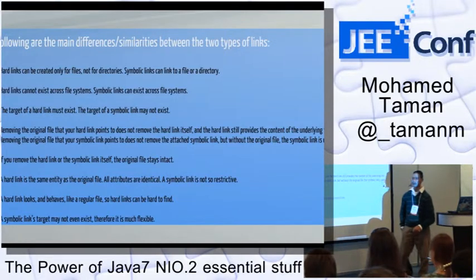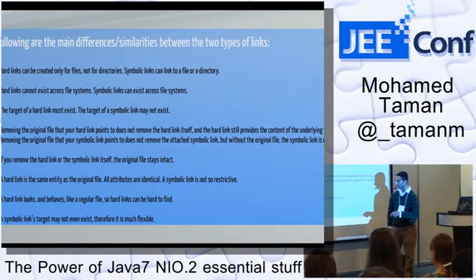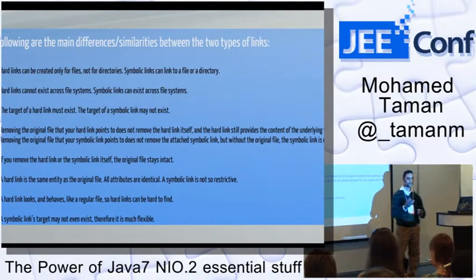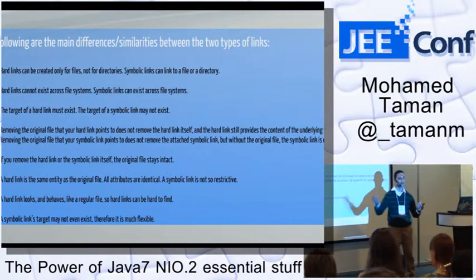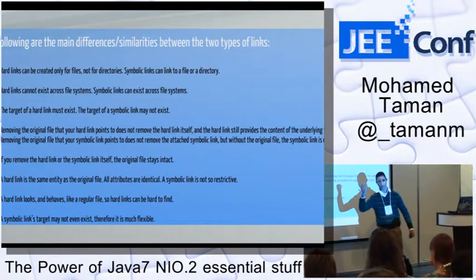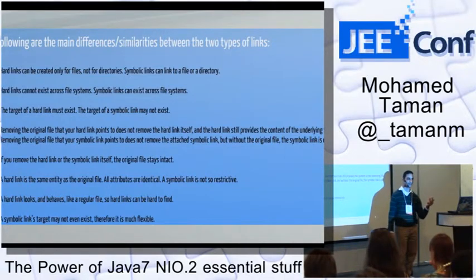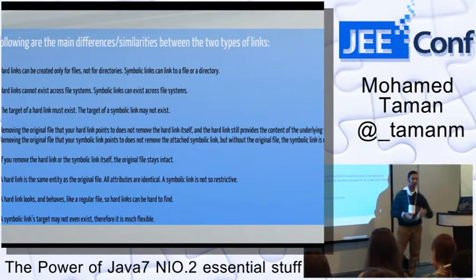Hard link, this is about security issues and attributes. You have to keep in mind that a hard link behaves regularly as the same file, because if you apply a security attribute or any other modification, it affects the file and the hard link itself, but it's not the same for symbolic. Symbolic points to the metadata of the file, not the actual content.